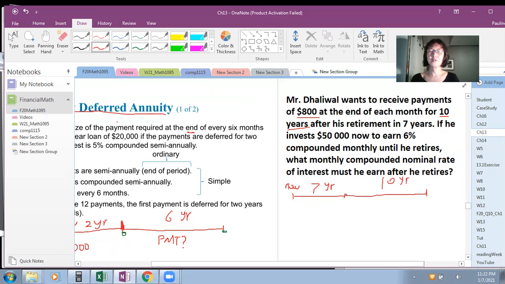During these 10 years, PMT equal to 800.